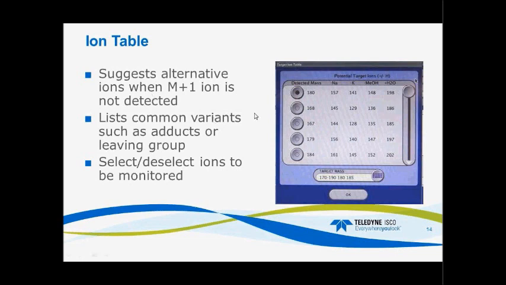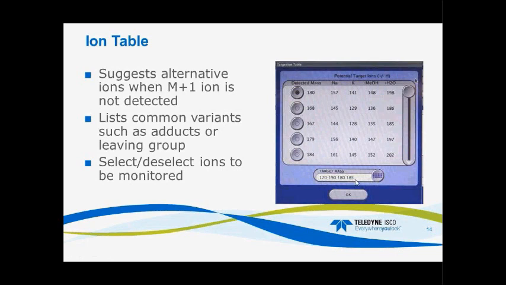Upon looking at this table, if I see a mass that corresponds to the mass of my target compound, I can simply click this radio button, and that will add that target mass down below here.